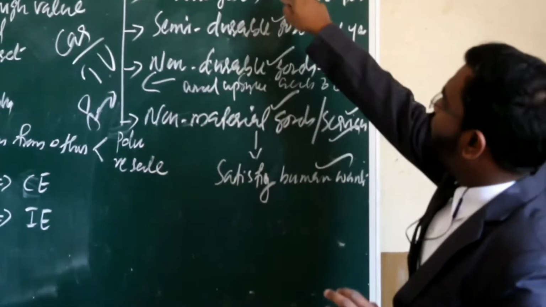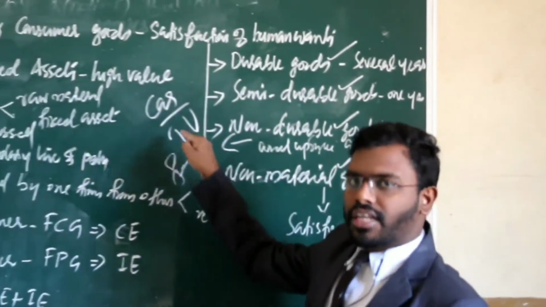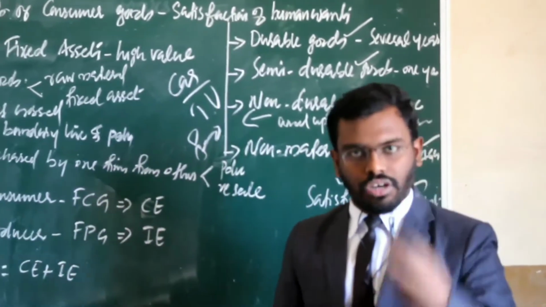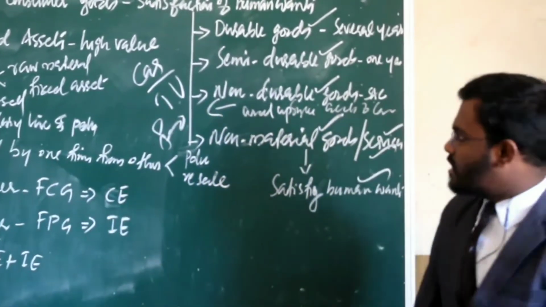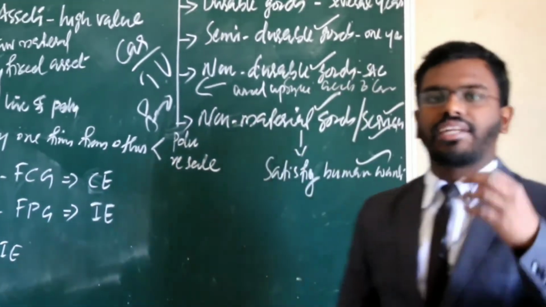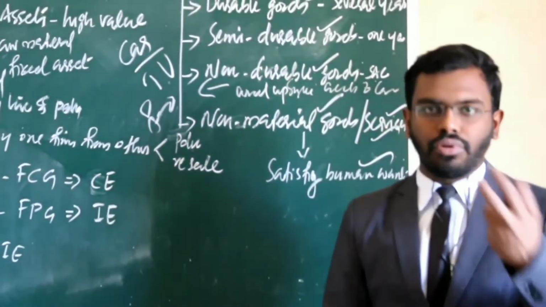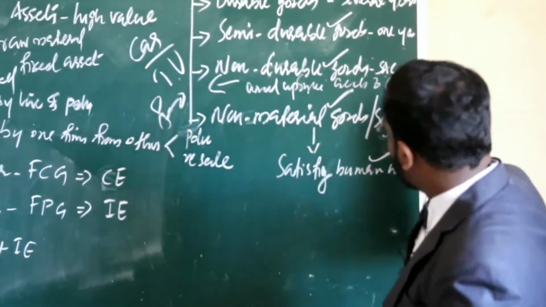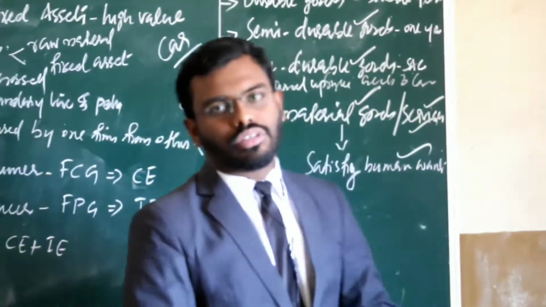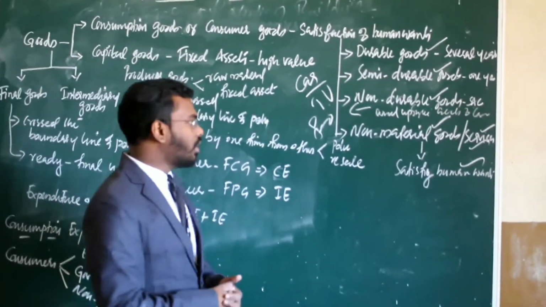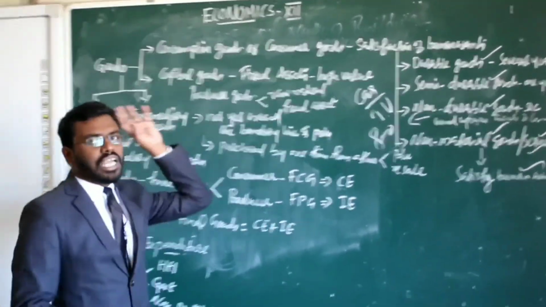Examples for durable goods are car, television, etc. Semi-durable goods are shirt, then electronic items, etc. Non-durable goods are food, all food items come under non-durable goods. Next, services, that is services of a doctor, engineer, teacher, etc. So that is the first type of classification.